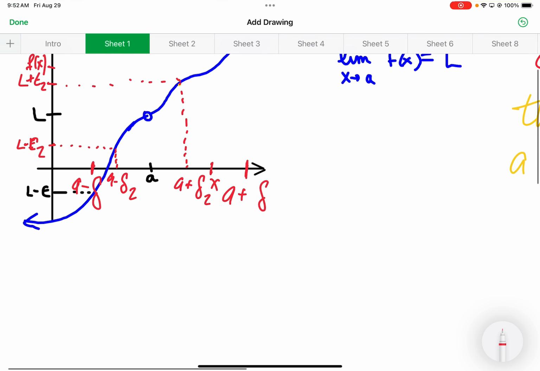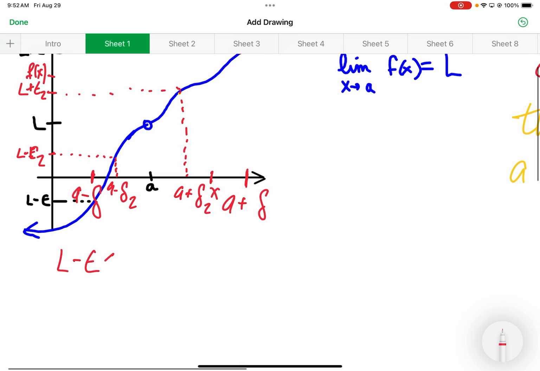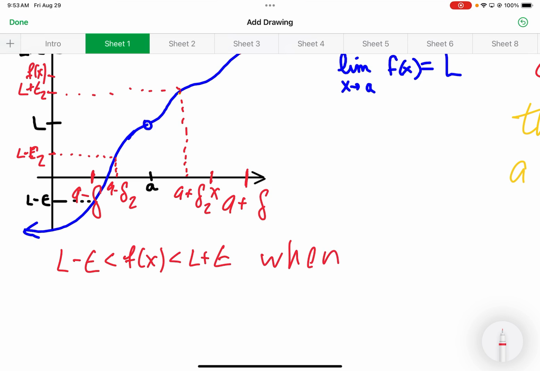So one observation that we can make is that L minus epsilon is less than f of x, which is less than L plus epsilon. And that only happens when we can do the same thing with our x values.